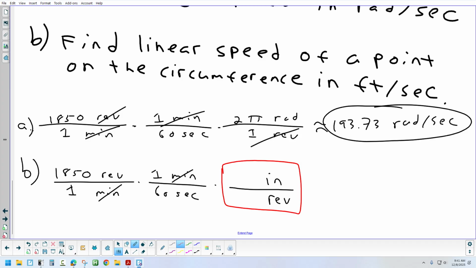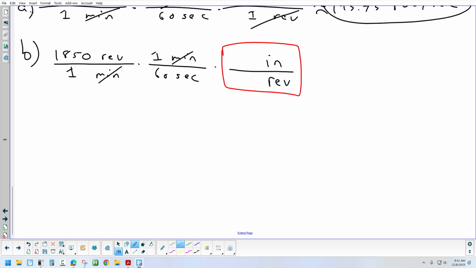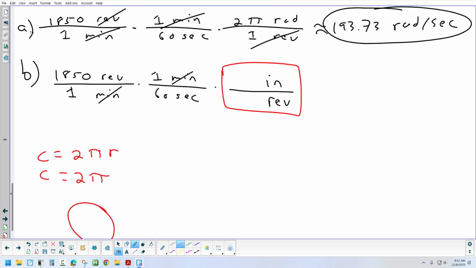And Jackson, how did you figure out how many inches in a revolution? For the circumference, like radius to circumference, I did the 2 pi r. Yep, so circumference equals 2 pi r, because a circumference is a revolution. So if we can figure out how many inches in a circumference, that tells you how many inches in a revolution. And what was our radius in this problem?